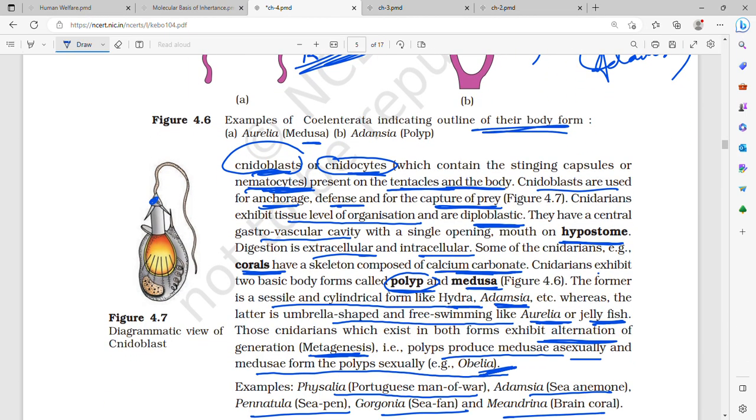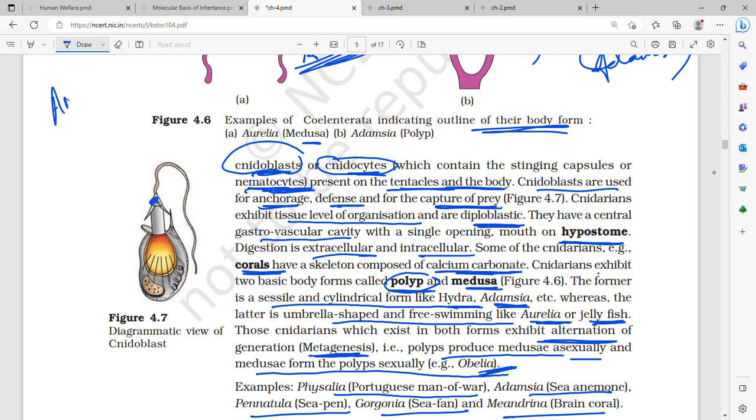They have nidoblasts or nidocytes, which contain stinging capsules or nematocysts present on the tentacles and the body.